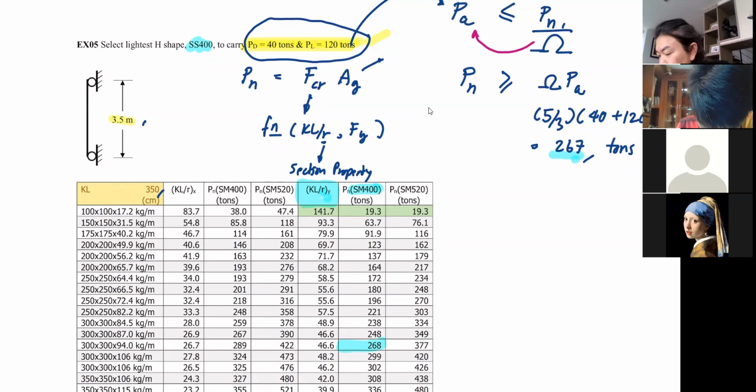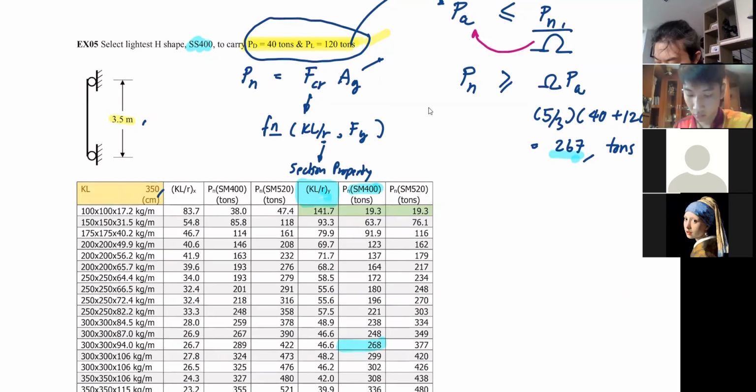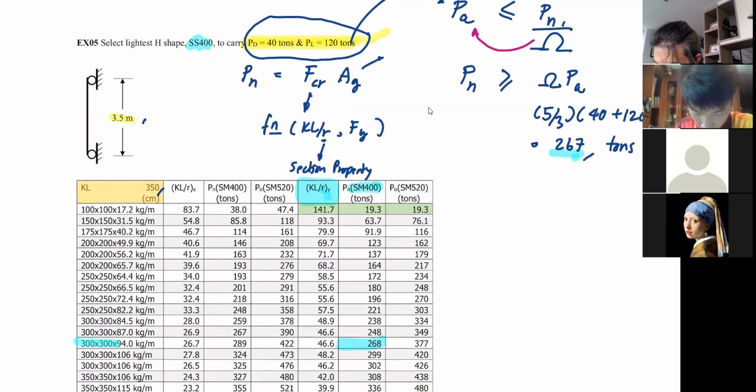You see that the section here, it's just a coincidence. It turns out to be the same section right here. And when you pick this section, you know that the KL over RX will be 26.7. And if you go ahead and calculate, the nominal strength for X direction is 289. But for Y-axis is 268.